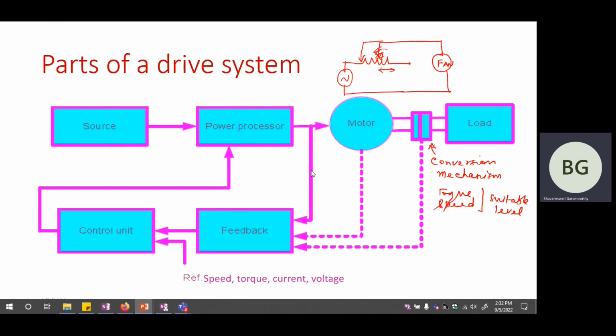So here, if you look at this, the solid line indicates that we are directly sensing an electrical quantity and giving it to the feedback mechanism so that it is eventually sent to the control unit. Whereas the two dotted lines indicate that one of them could be speed, the other one could be torque.